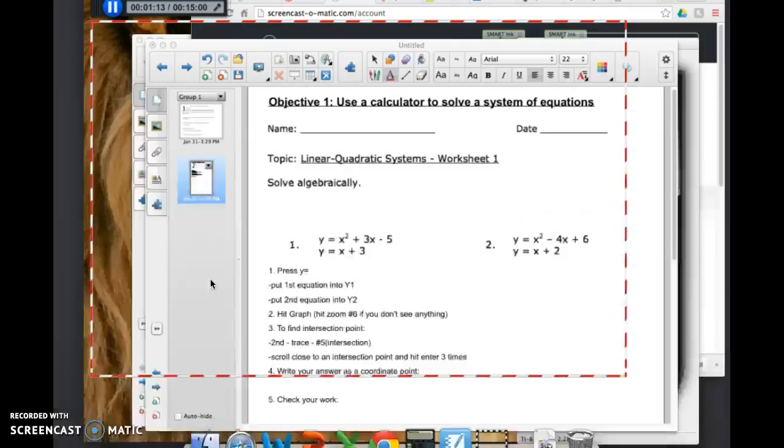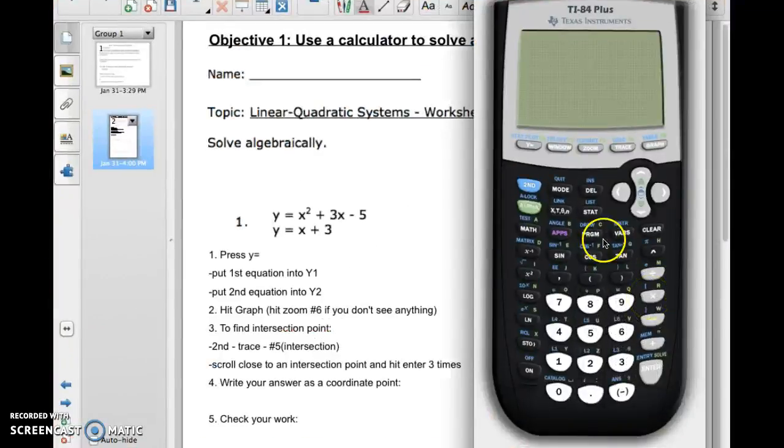Step 1, if I was going to model how to do this, I would pull out my calculator, turn it on, and then hit y equals. I'm going to put the first equation into y1, so y equals x squared plus 3x minus 5, and then scroll down to y2 and put the linear equation, the second equation, into that, x plus 3.